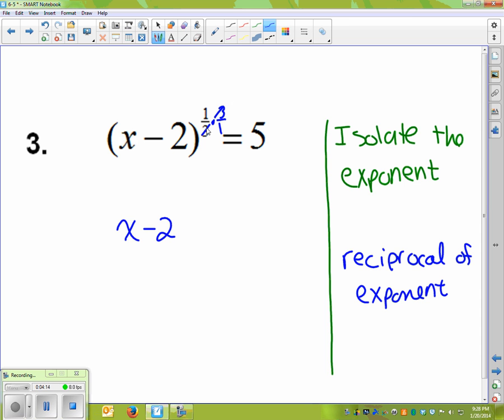If you raise something on the right-hand side to the third power, you do the same thing on the left-hand side. So x minus 2 equals 5 cubed, which is 125. Add 2 to both sides, and your final answer is 127.